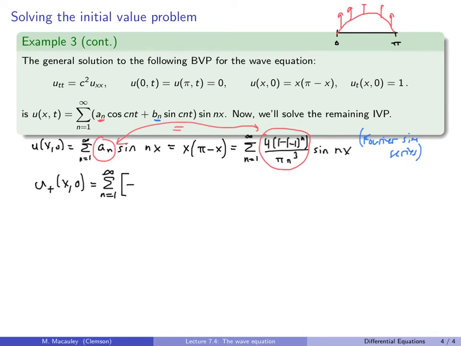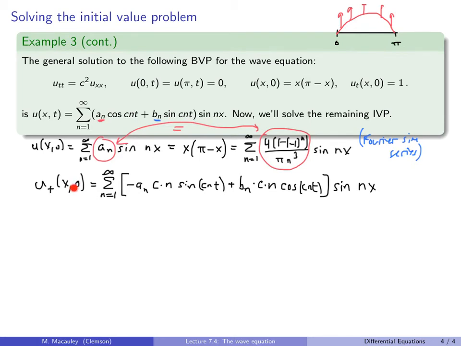So we get negative an times c times n times sine of cnt plus bn times c times n times cosine of cnt. Again, the derivative of this, cn pulls out, this becomes cosine, and then this stays the way it is, times sine of nx.